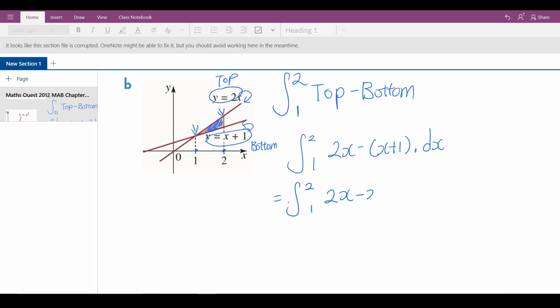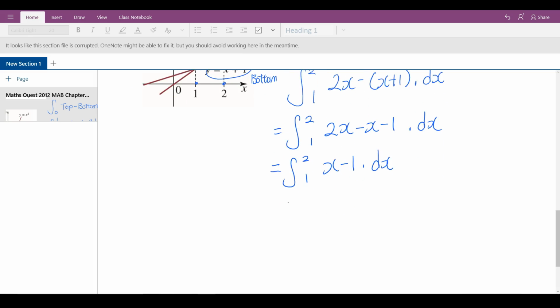It would be 2x minus x minus 1 dx. Before we integrate, we can simplify the expression a bit. 2x minus x is just 1x, so it's x minus 1. Now we can finally do the integration. So x squared over 2, that would be if we integrate x. Negative 1 will become negative x.